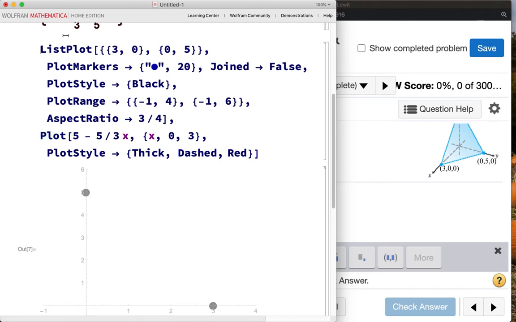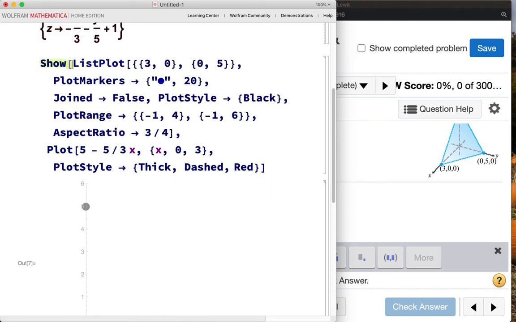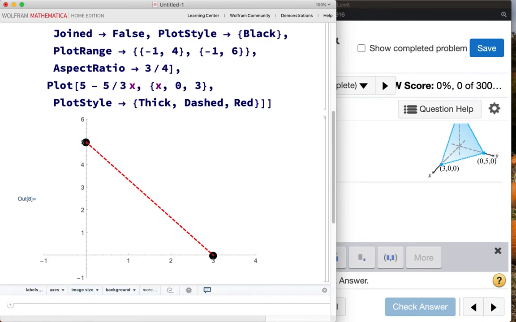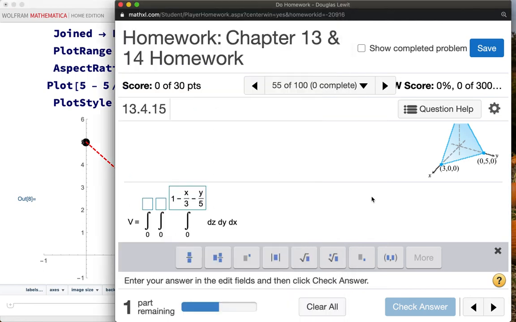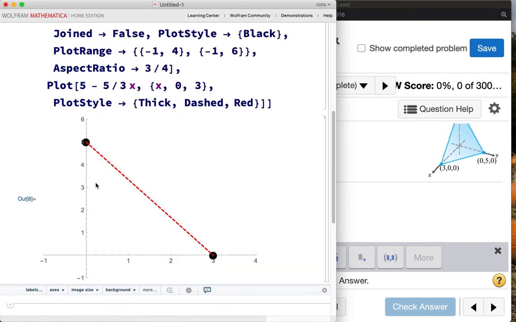And then we're going to show both pictures at the same time. Okay, terrific. Based on what I've done here, we can see that my y limits are going to be 0 up to this line.